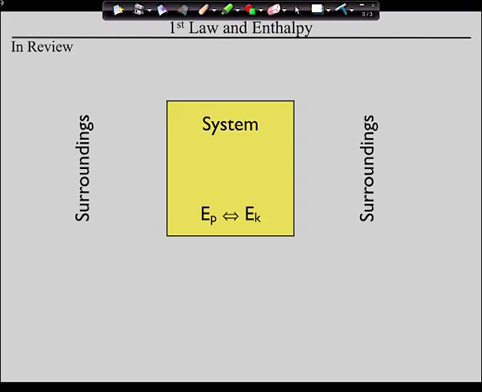But when kinetic and potential energy interconvert, what happens to the overall energy of the system? It doesn't change, right? So how then does the energy of the system change? That's where we now talk about work and heat. How about that for a good little review?